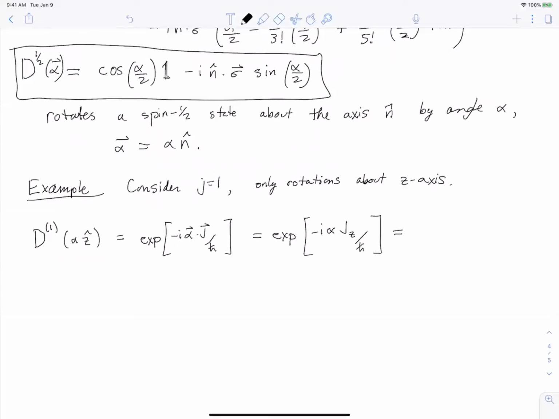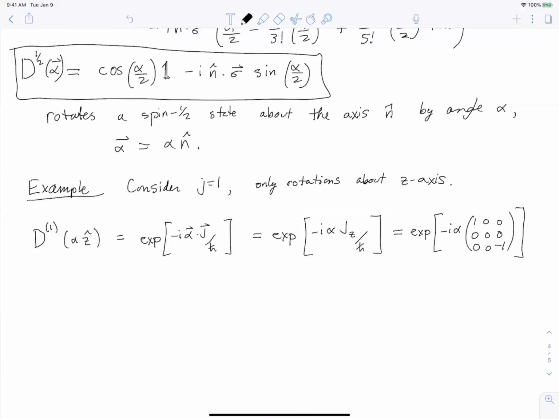And now we know what j sub z's representation is. So this is the exponential of minus I alpha times the matrix 1 0 0, 0 0 0, 0 0 minus 1. Notice the h bar has canceled out because there was an h bar in the representation of j sub z.